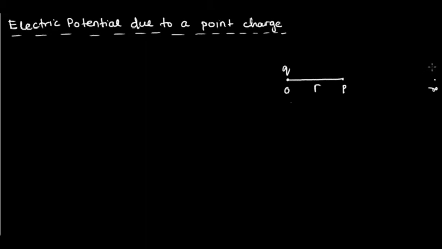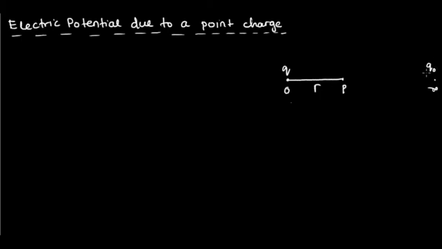Now I will bring a test charge Q naught from infinity to the point P. It means initially the test charge Q naught was at infinite distance from the point O, and finally I will bring the charge Q naught to the point P, which will be at a distance r from the point O. Is that clear?